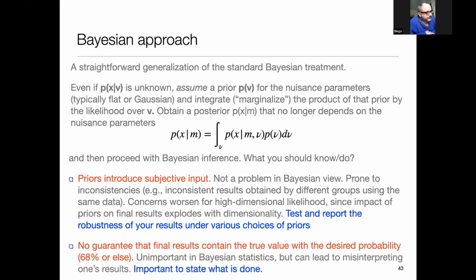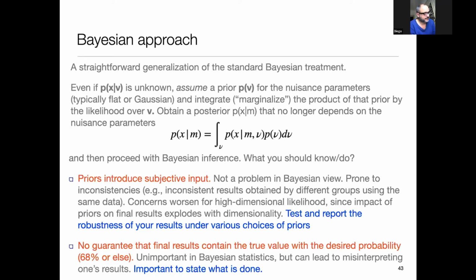And as you see, the result you get is a model P of X given mu that no longer depends on the unknown parameter. I guess now you should be already familiar with the fact that this is very consistent, and probably convenient, but of course it has two possible drawbacks.